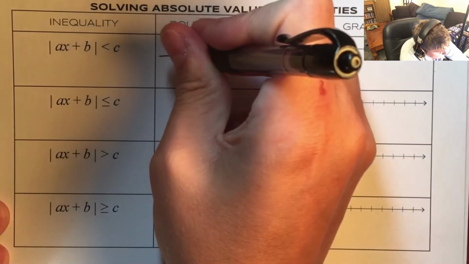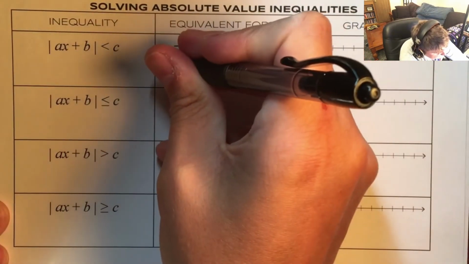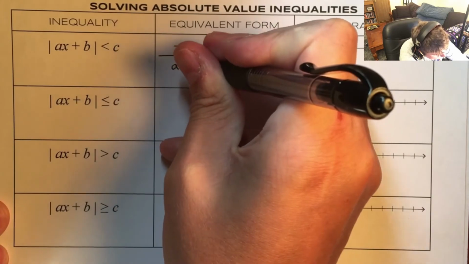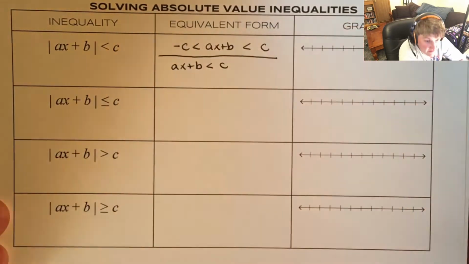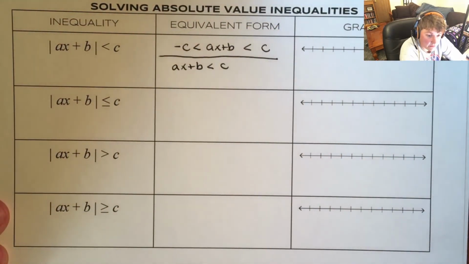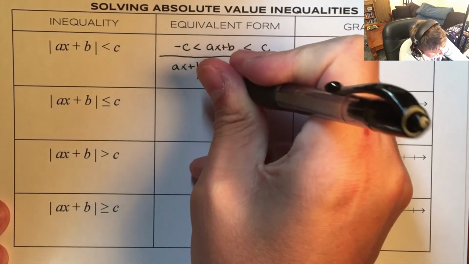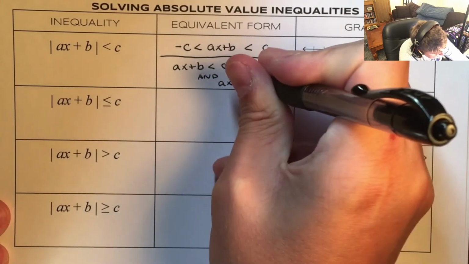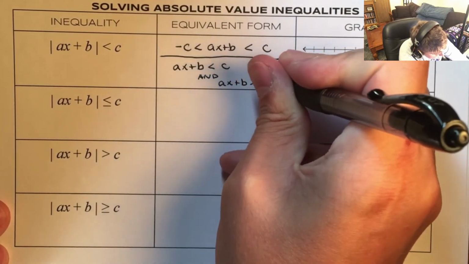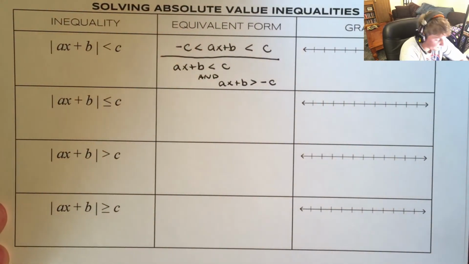The other way to look at it is that the inside part needs to be less than the positive version of the c value, and that inside part needs to be greater than the negative version of that c value.